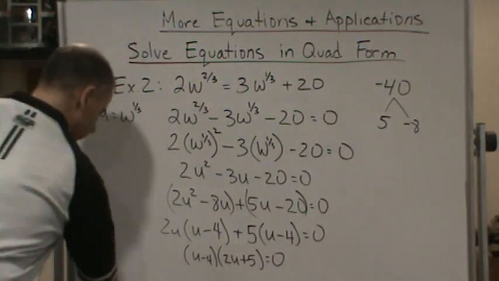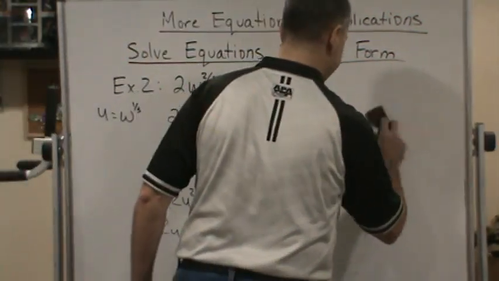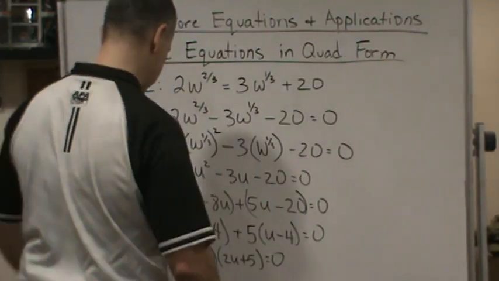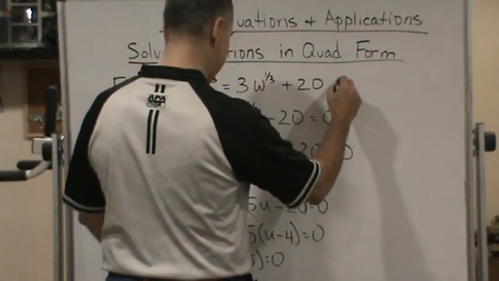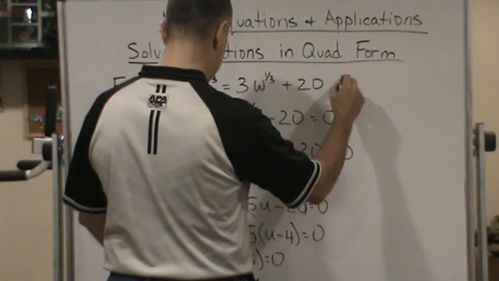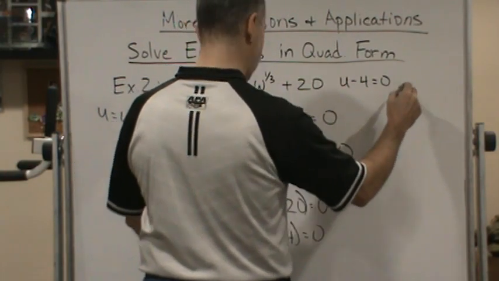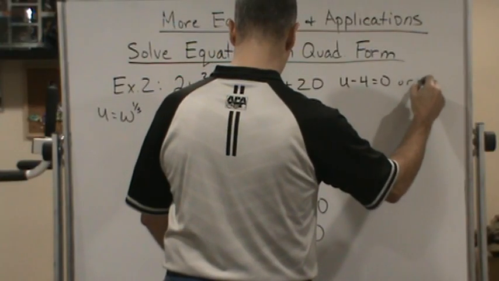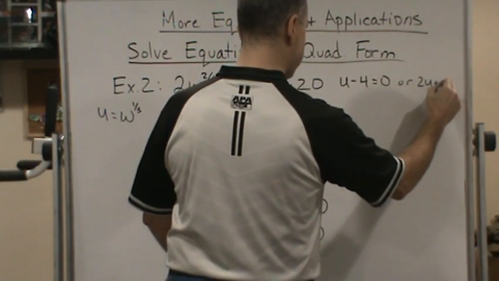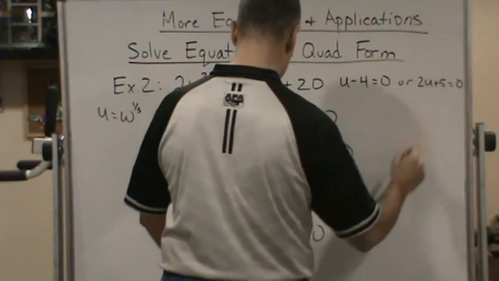Okay, now let's come over here. So that gives us u minus 4 is equal to 0, or 2u plus 5 is equal to 0.